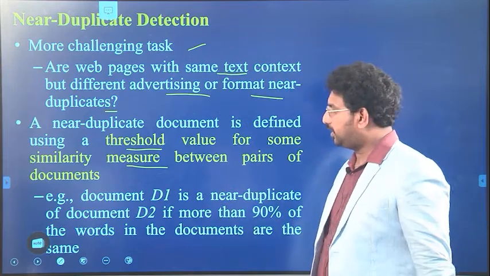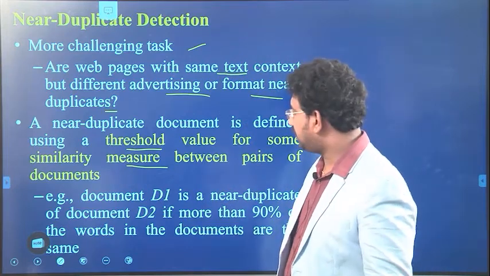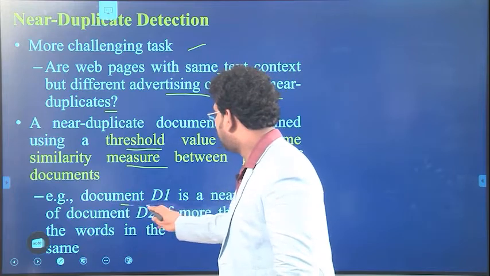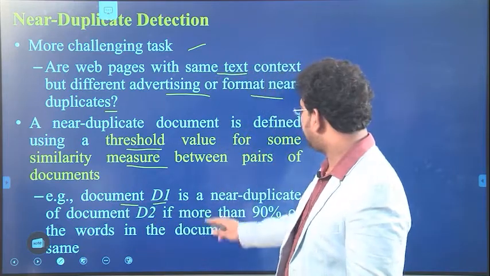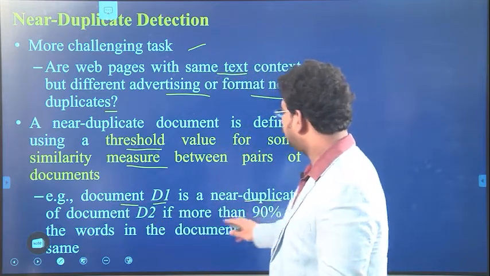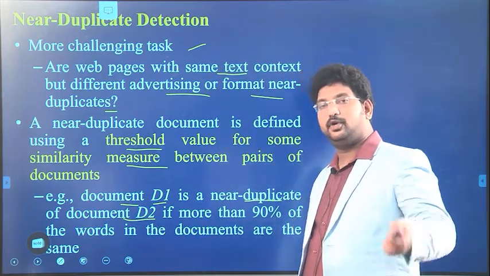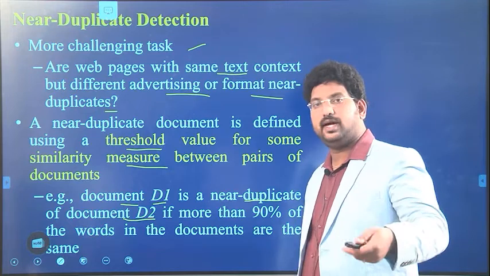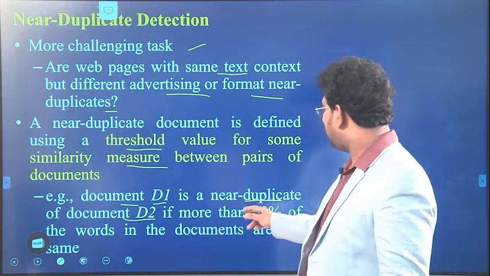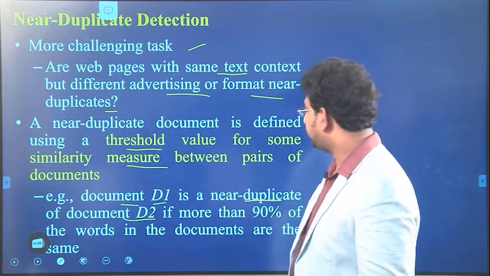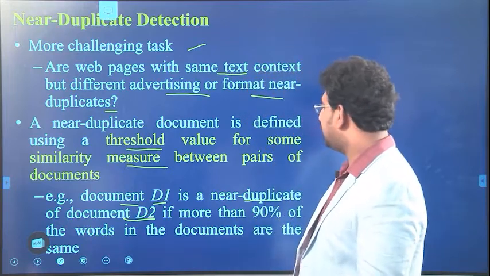For example, consider document D1 and document D2. Document D1 is a near duplicate of document D2 if more than 90% of the words in the documents are the same.